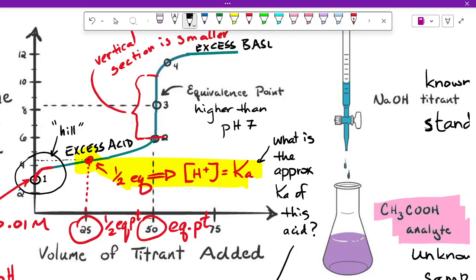What do we have at the equivalence point? At the equivalence point, we have only the salt plus water. What is making that pH higher? All we've got is a salt and water.